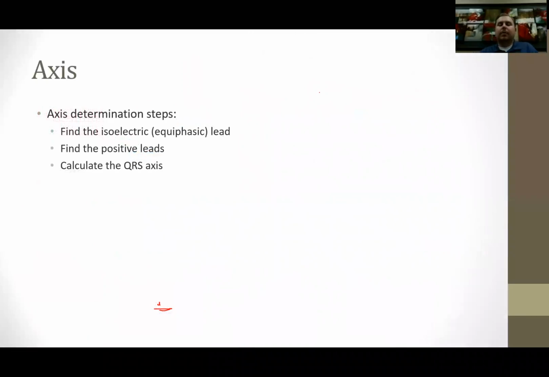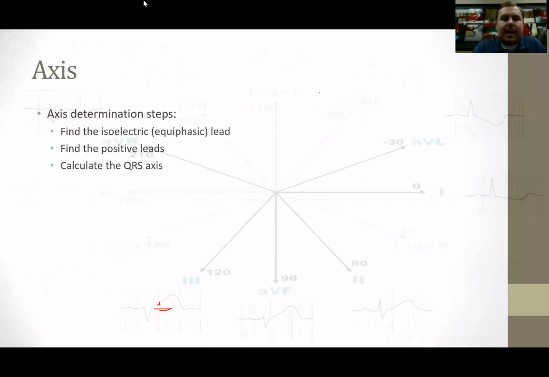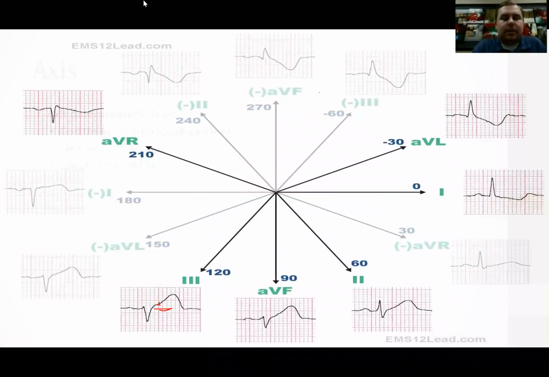All right, so it's very important to have our circle memorized so we're able to really look at each lead and determine how it's affecting the heart and what it actually means in each of those leads.